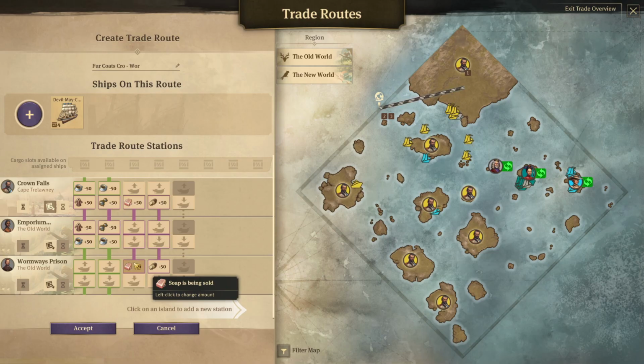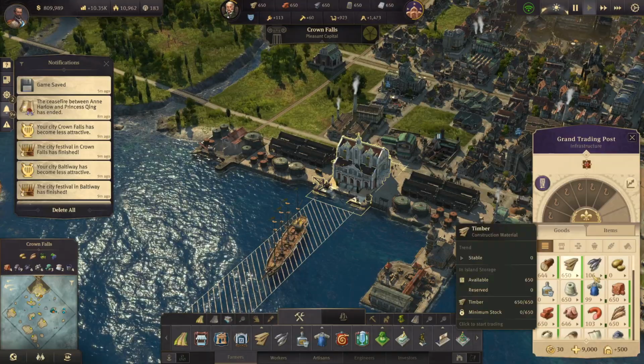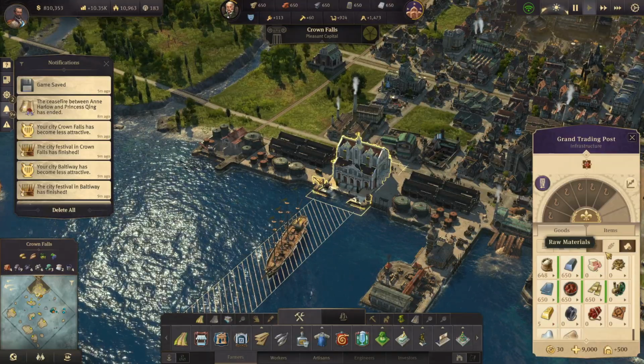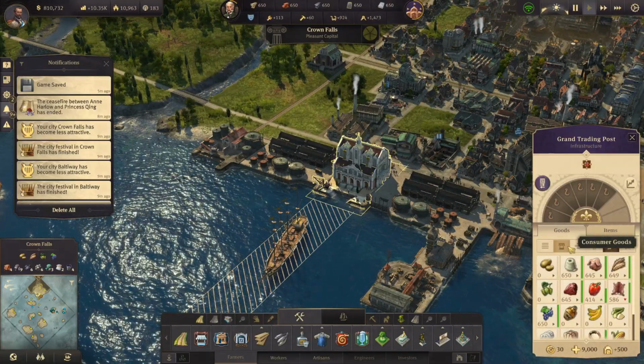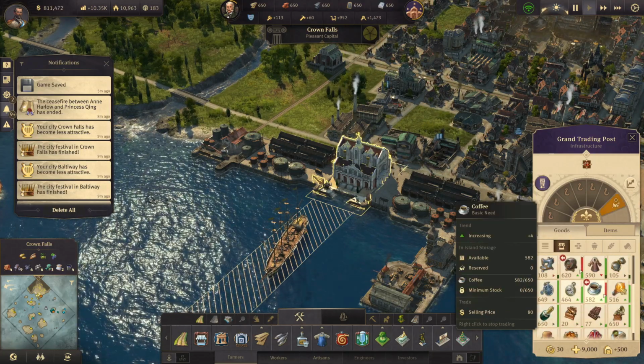This is how you are going to make most of your money from trading with the AI. Passive trading helps a little bit. Active trade routes are what you need to be doing. As you can see right here, we'll take a look at my... I don't typically sell intermediate goods or raw materials. I typically only sell consumer goods. As you can see, I don't have a few things set up.